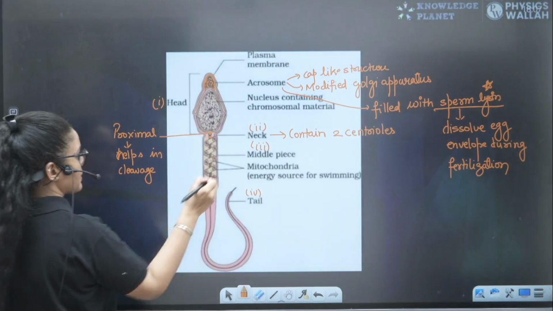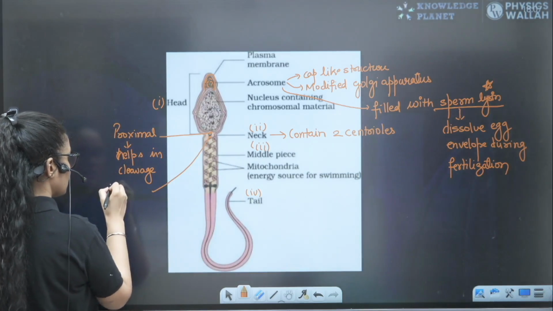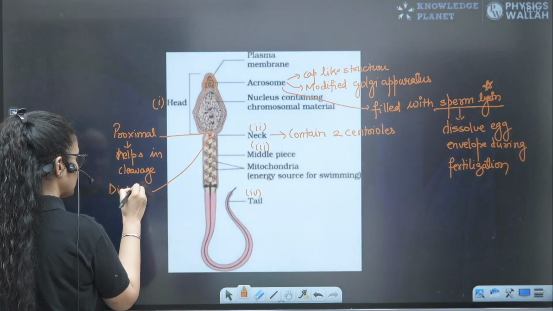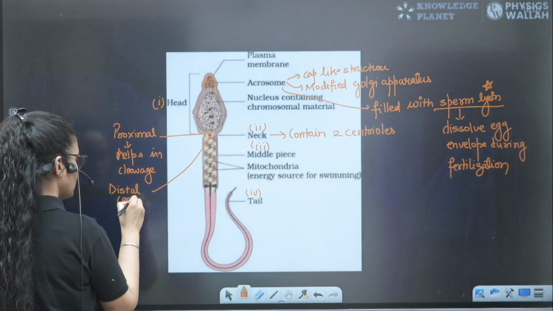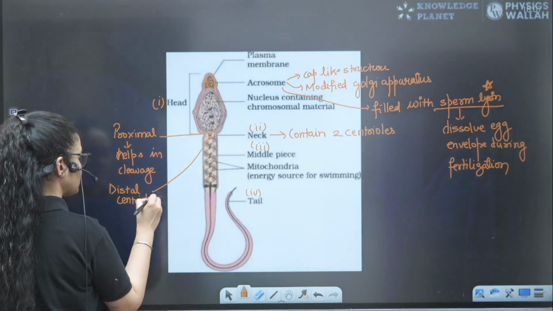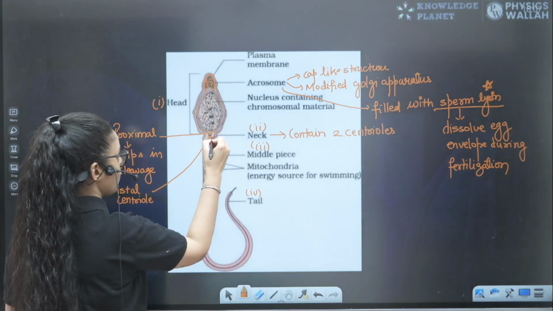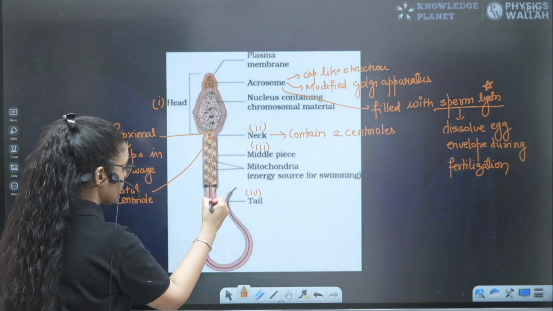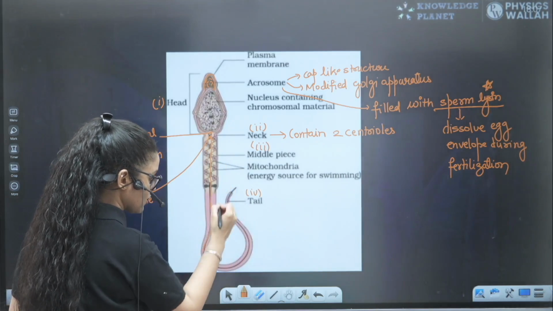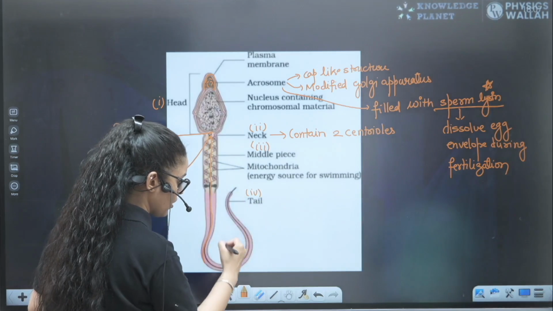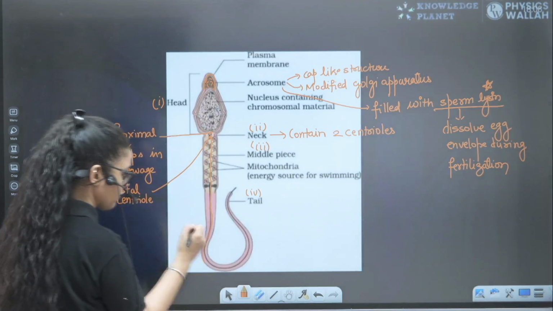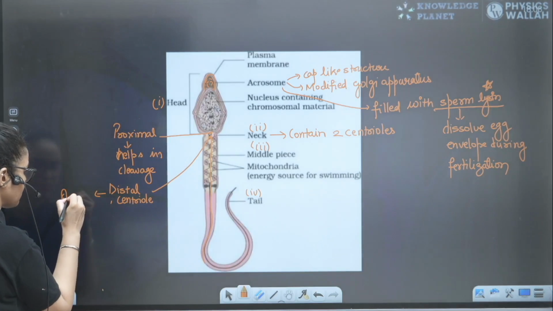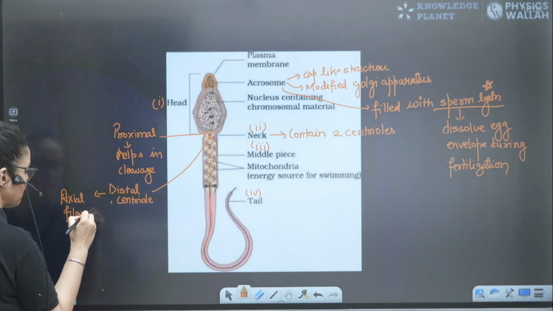And the other centriole is the distal centriole. What is the purpose of the distal centriole? It will form this particular region. This distal centriole will form the axial filament, which passes through the middle piece and tail.